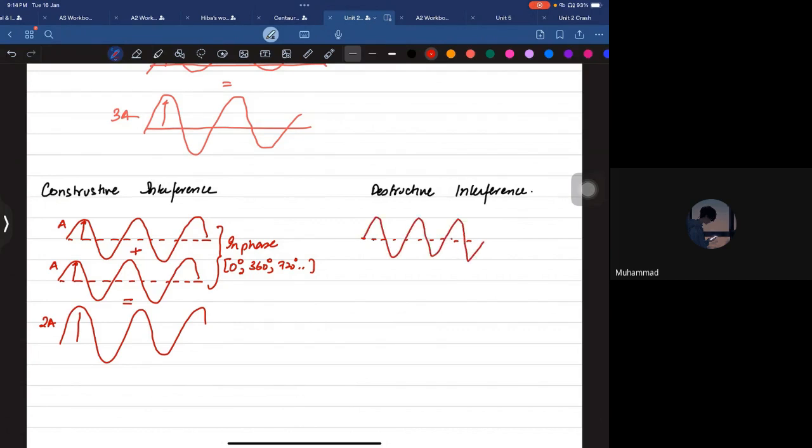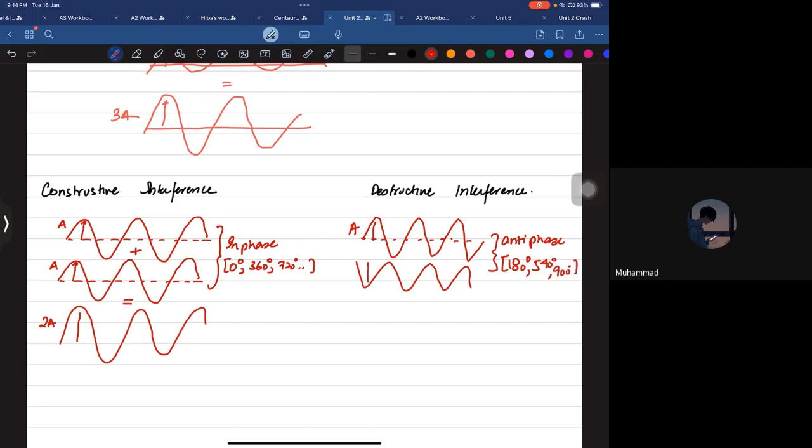There's a wave like this which has an amplitude A, and then there is another wave, and these two are anti-phase to each other. Anti-phase means they have a phase difference of 180, 540, 900, and so on. Right.